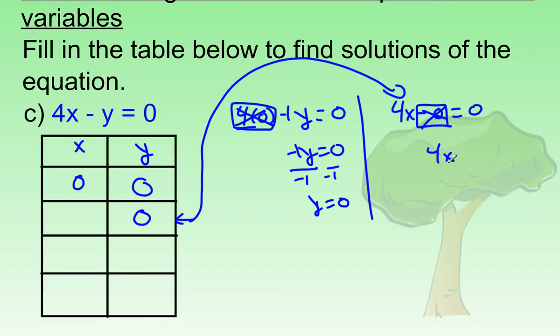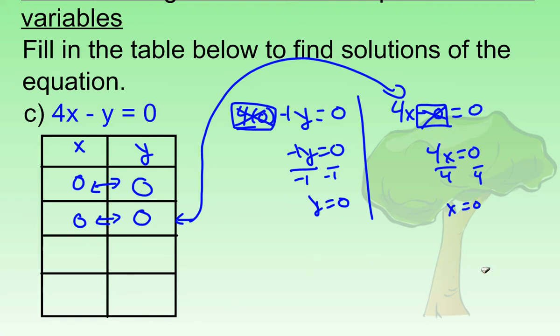So I have 4x equals 0, divide by 4, x equals 0. Now that makes sense, right? Because if the x value is 0 and the y value is 0, this point is the same thing as that point. That's still the origin of our graph. But now we've confirmed it. That line goes through the point 0, 0.